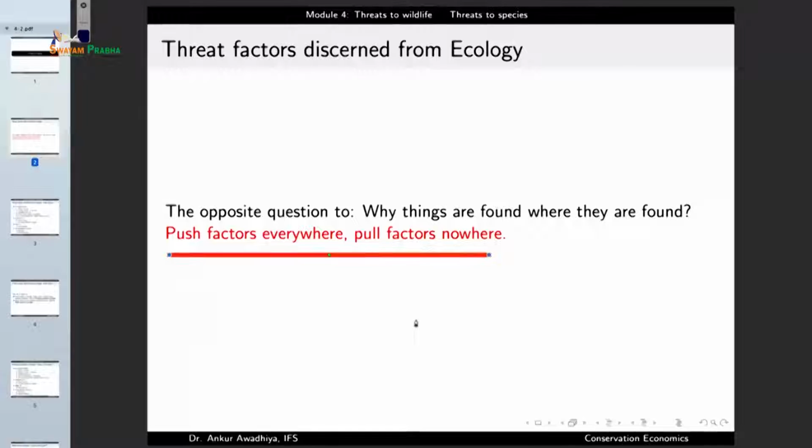Which means that from all the areas, this organism is being pushed out and there is no place where this organism is finding a habitat that is suitable for itself. So the threat factors from ecology are that you have push factors everywhere and pull factors nowhere, and that would be a major threat to any wildlife species.